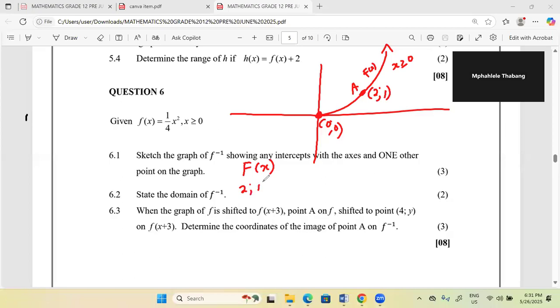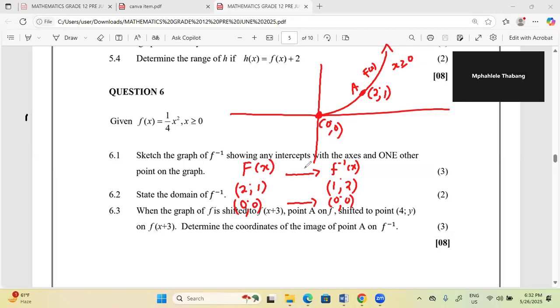It's one point on the graph of f of x. So this implies that the point on the inverse is going to be 1 and 2. You simply swap those coordinates. Now another point was 0 and 0. If you swap 0 and 0, it will still be 0 and 0.